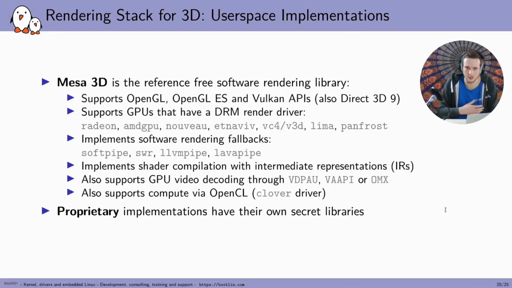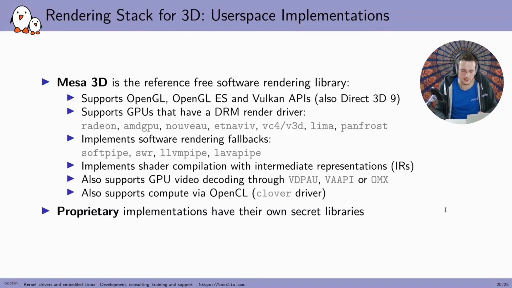And there's basically no other free software reference rendering library for GPUs. It supports all of the APIs that I've just mentioned. And basically, it uses the DRM kernel side to communicate with the actual hardware. So each hardware that has a driver in DRM render is also supported by Mesa.